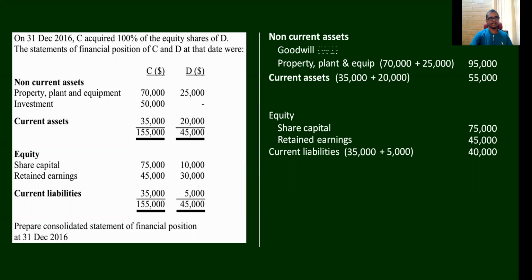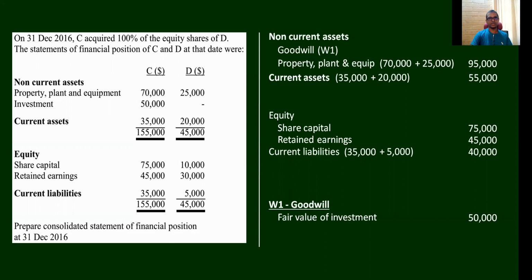Under non-current assets, we are moving on to a working, and we open up that working, and fair value of investment. That means simply the market value. Understand it in that way for now. Market value of the investment. So it is shown in the financial statement. Market value of the investment is 50,000.